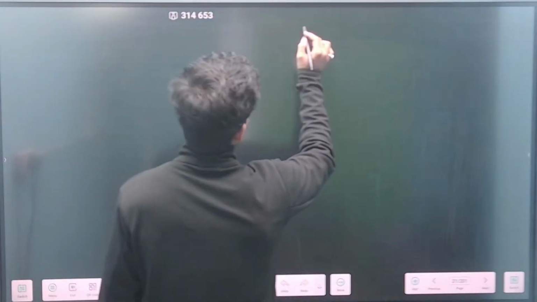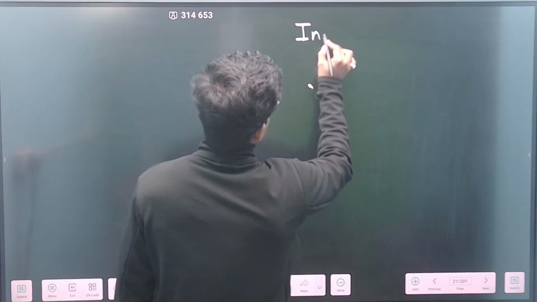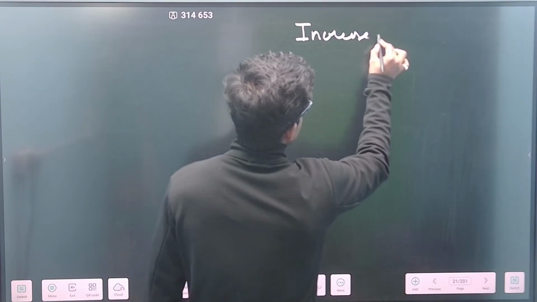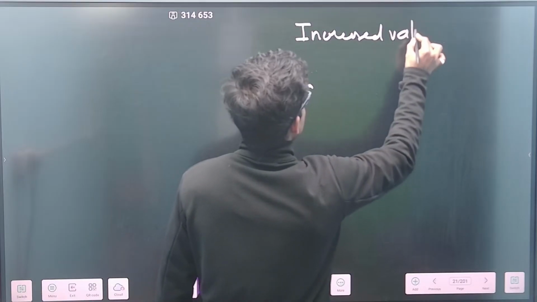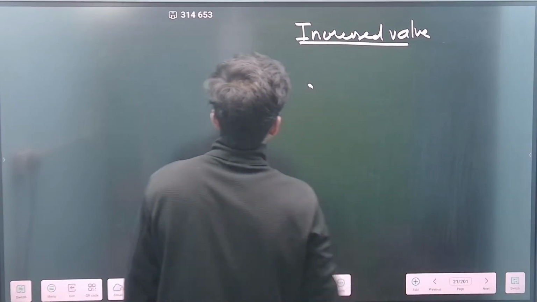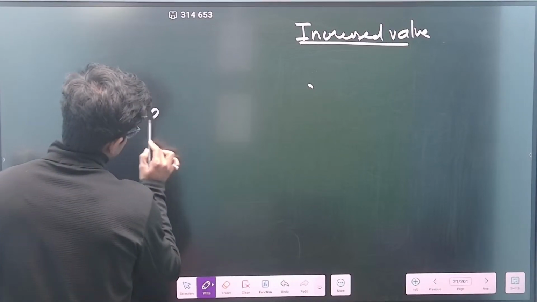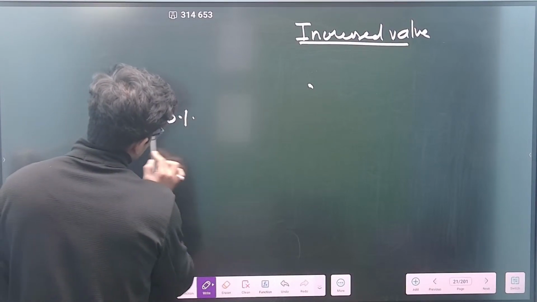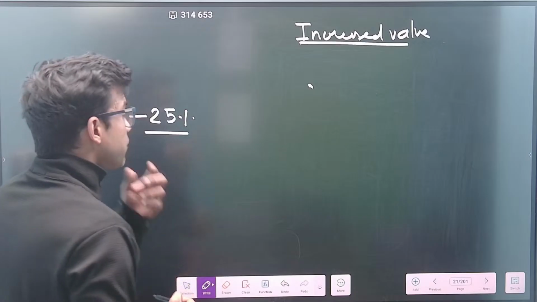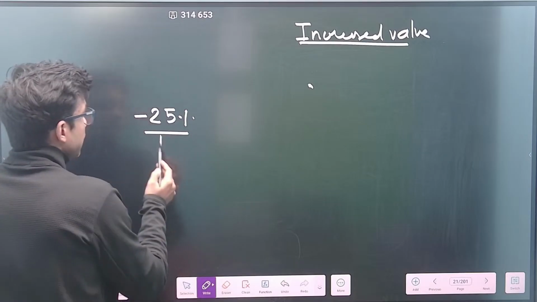Now, I have taken an increased value to make you understand. Usually I also take the decreased value. Like if I say minus 25%, it means the value is getting decreased.